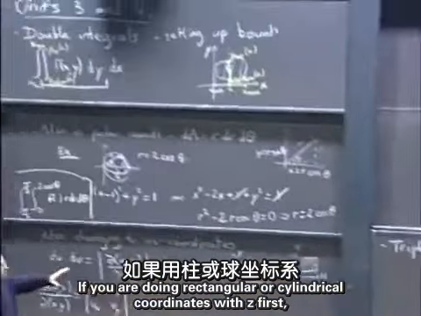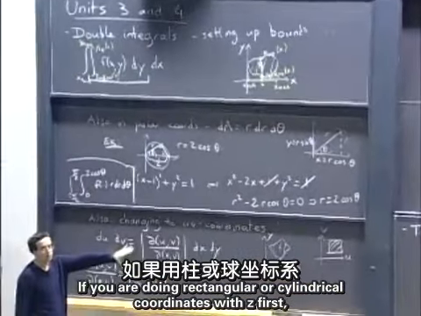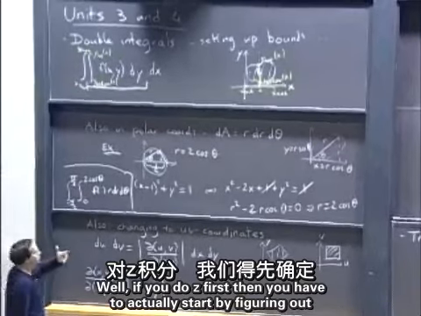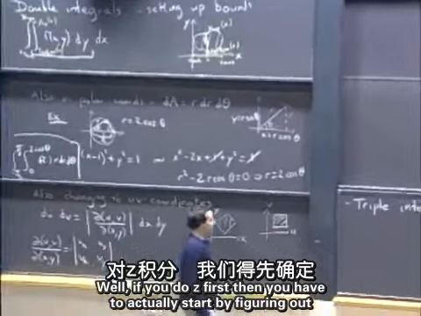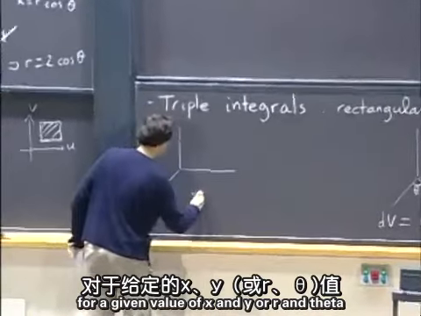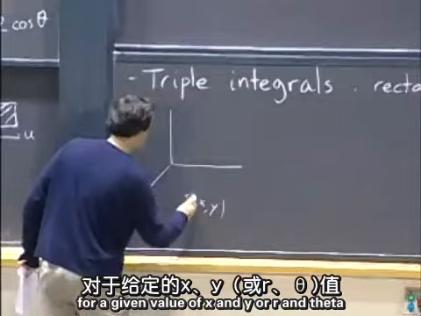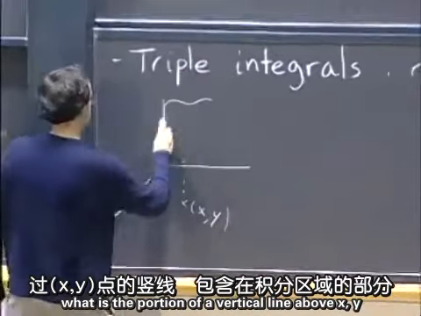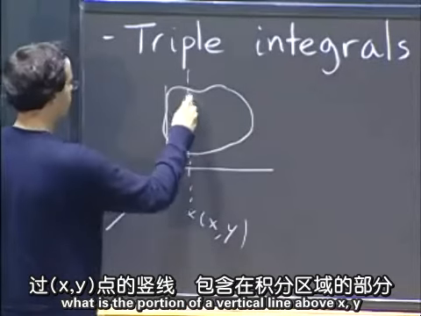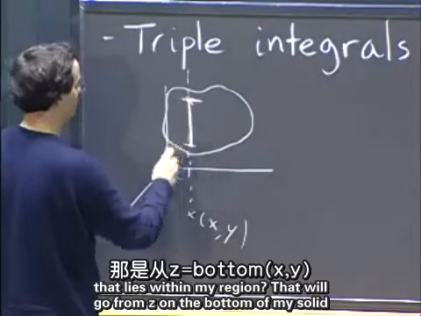If you're doing rectangular or cylindrical coordinates with z first, which is the most common, then you have to actually start by figuring out, for a given value of x and y, or r and theta, what is the portion of the vertical line above xy that lies within my region.